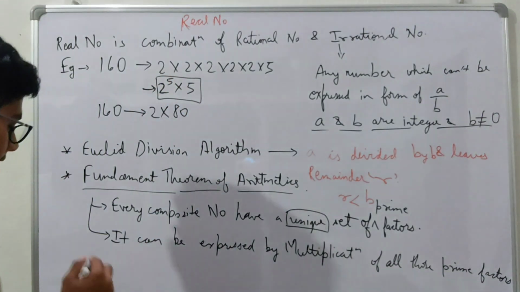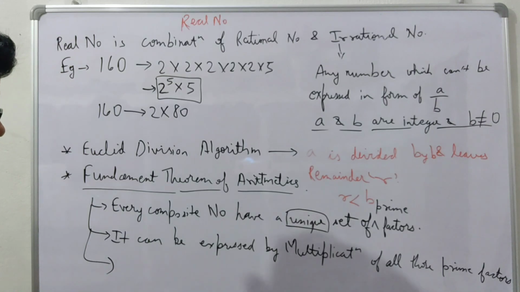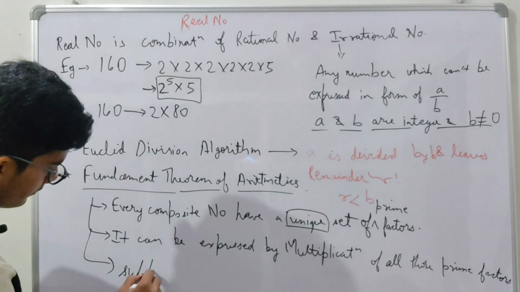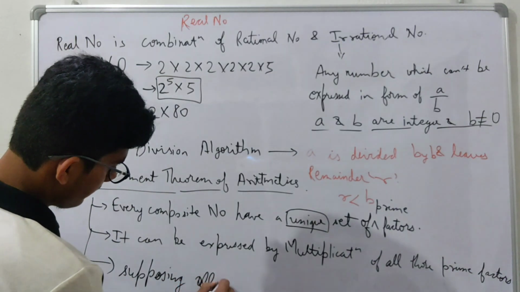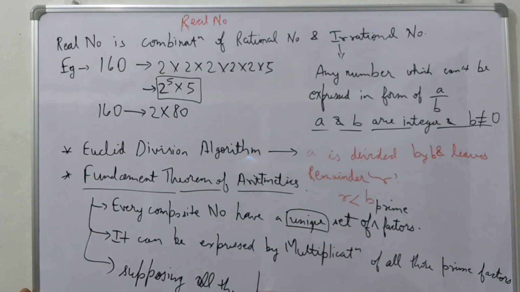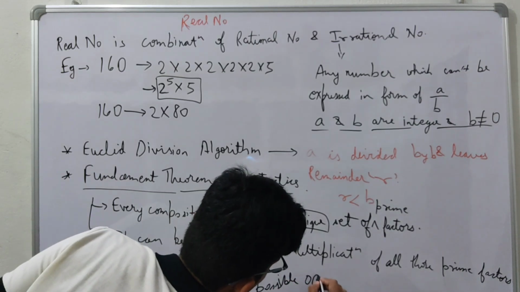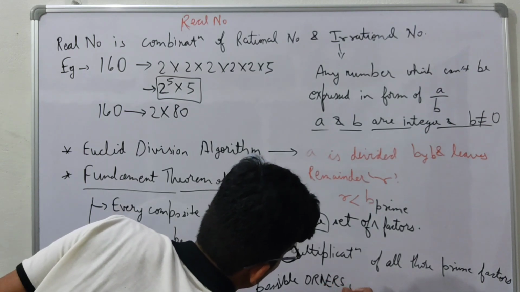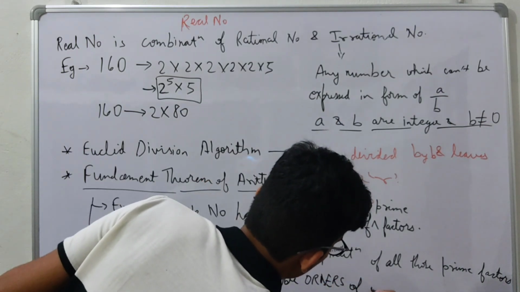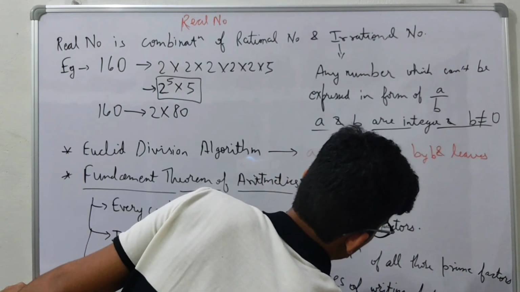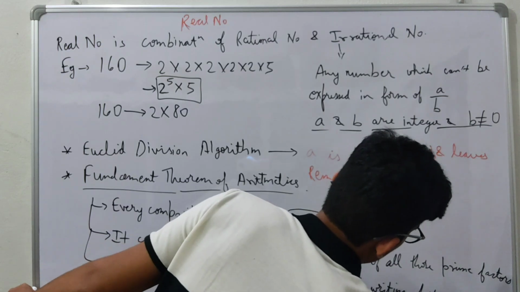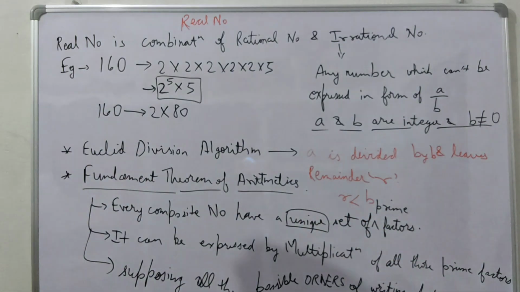And there is a line written that we are supposing all the possible orders of writing the factors the same.